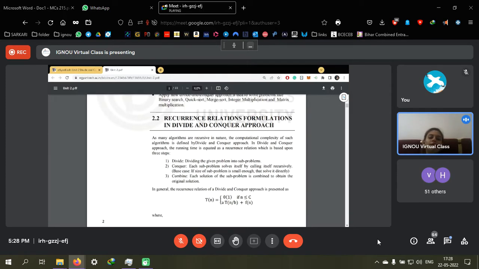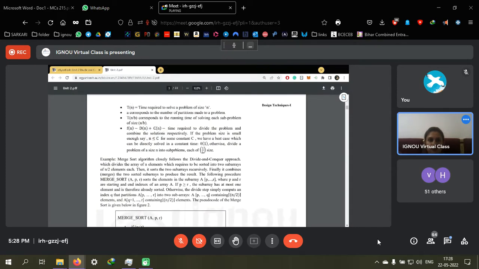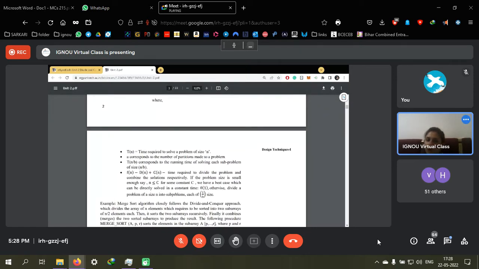Again, if we are talking about the recurrence relation formula in divide and conquer, it is divide, conquer, and combine. So you are dividing that into parts, so that's why it always takes n divided by b. T(n) stands for the required time to solve a problem.